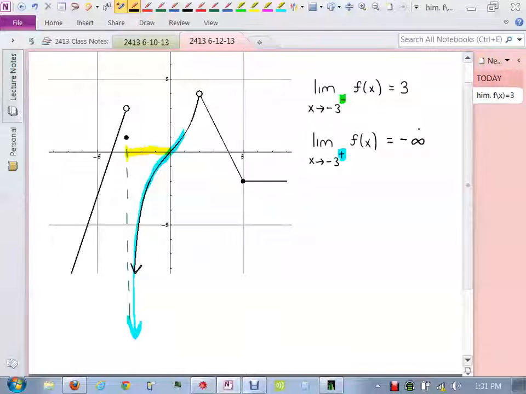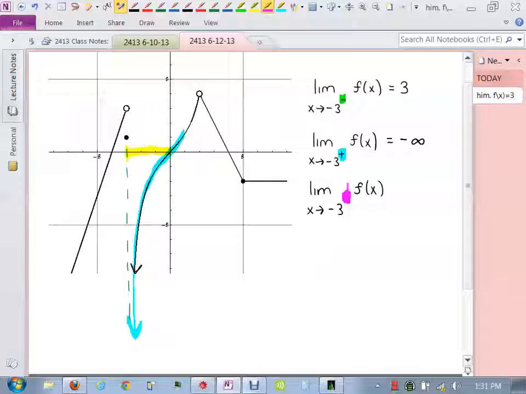Questions on that? The next question, part C, was what's the limit as x approaches -3 of f of x? This time, there is nothing on the top right of the -3, right? So what does that mean? This is where you had to watch the video or read the book. That means that you have to look at both sides.